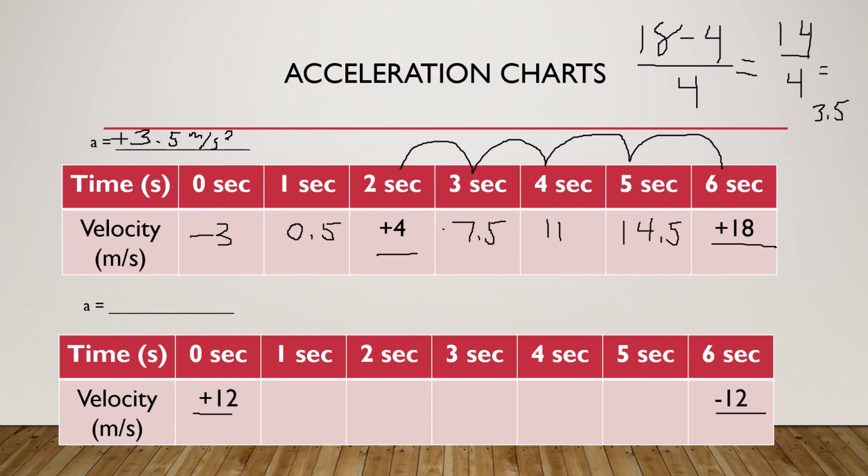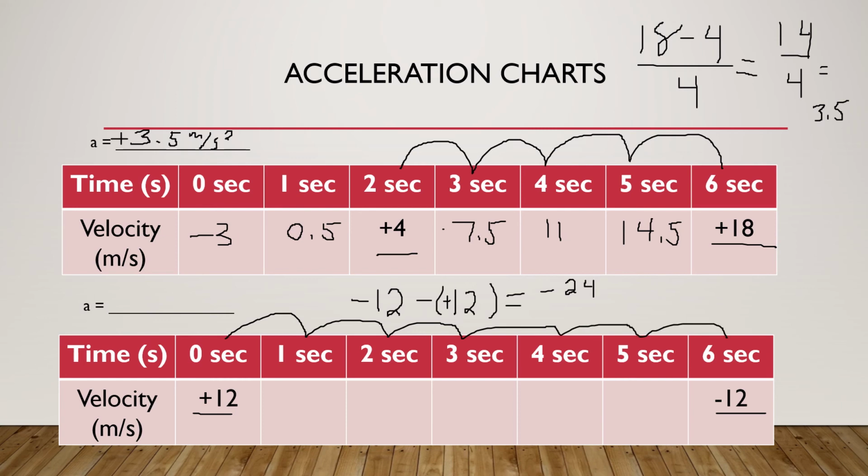What about this? Okay. Final is negative 12 minus the initial, which is positive 12. Negative 12 minus positive 12 is negative 24. And how many jumps is it? 1, 2, 3, 4, 5, 6. 6 seconds to go from 0 to 6.